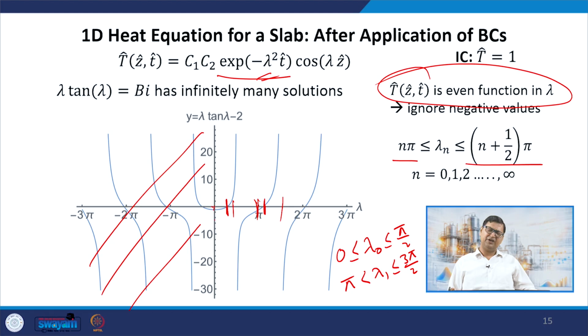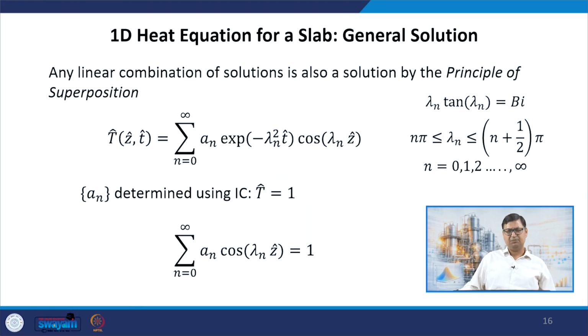So what can we do with that? Now we can use what is known as the principle of superposition, because every lambda value we get from here constitutes a solution, and a linear combination of any solutions is also a solution.